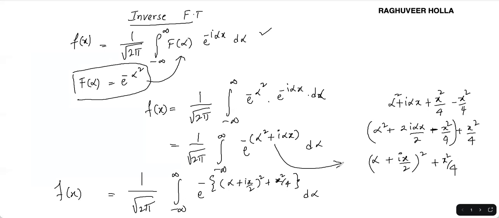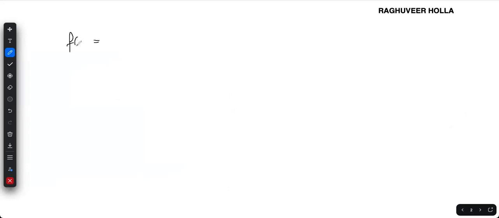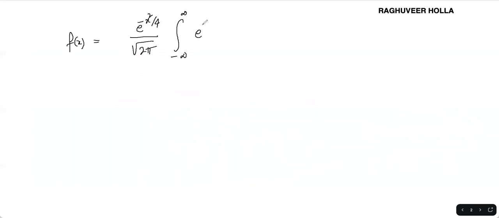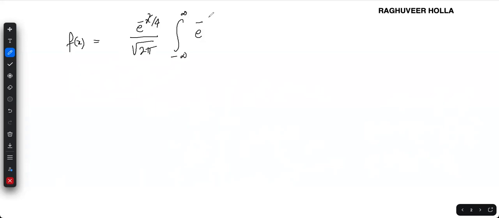So f of x is e to the power of minus x square by 4 divided by square root of 2 pi, integral minus infinity to infinity e to the power of minus of alpha plus i x by 2 whole square, d alpha.